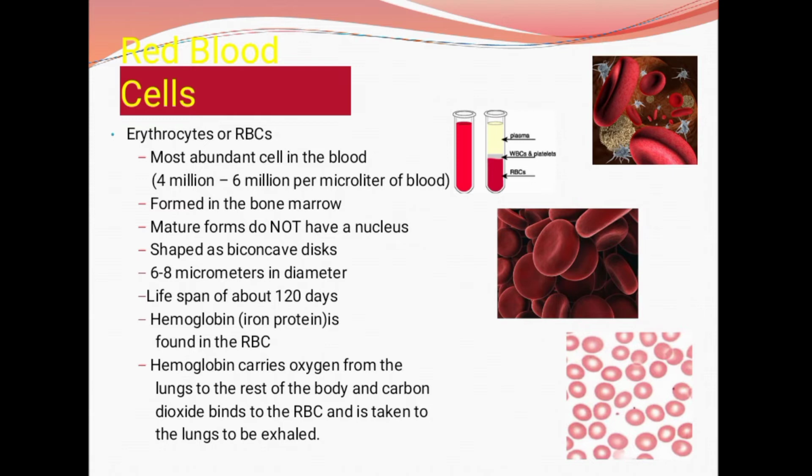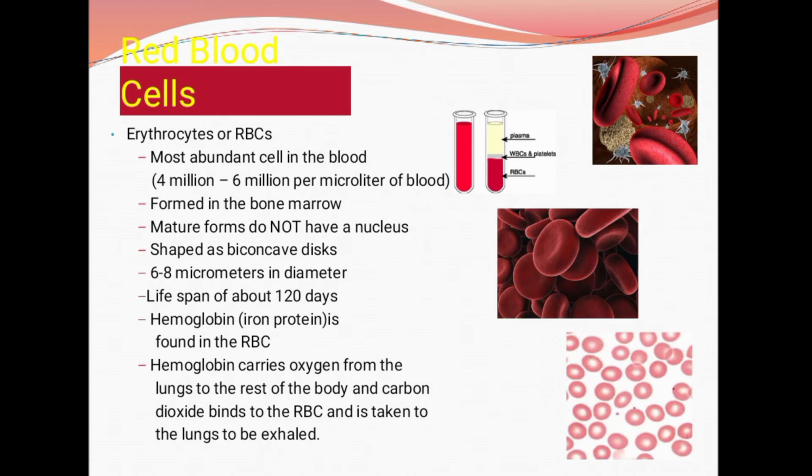First of all, we are going through red blood cells, also known as erythrocytes, and these are the most abundant cells that are found in the blood. In a microliter of blood, there are about 4 to 6 million red blood cells. These are formed in the bone marrow, and the matured form does not have any nucleus.